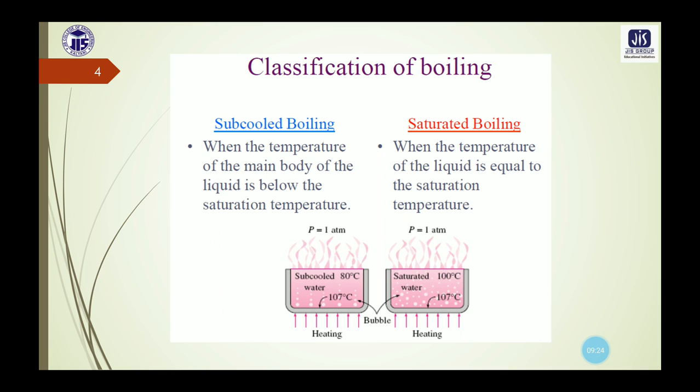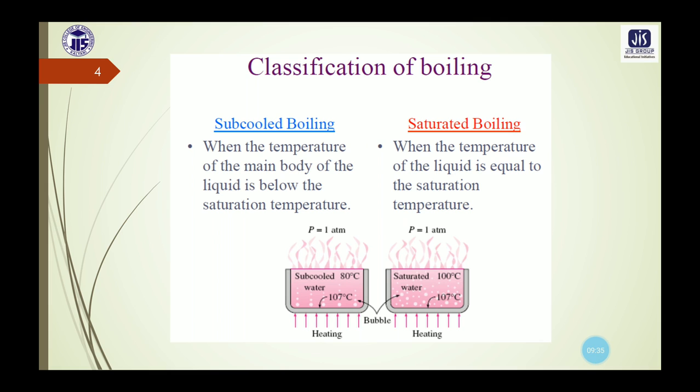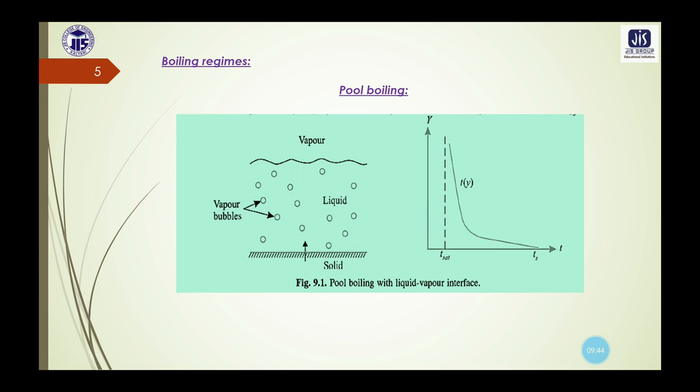So these are the boiling phenomena: pool boiling, then forced convection or flow boiling, then subcooled boiling and saturated boiling. These are the four different classifications of boiling heat transfer. Now we will discuss pool boiling with liquid vapor interface.